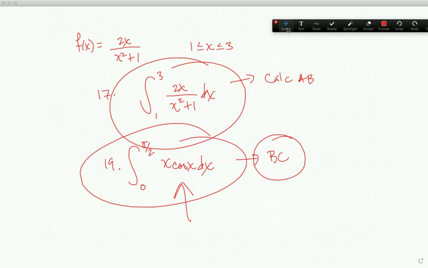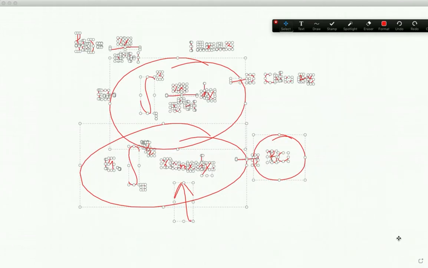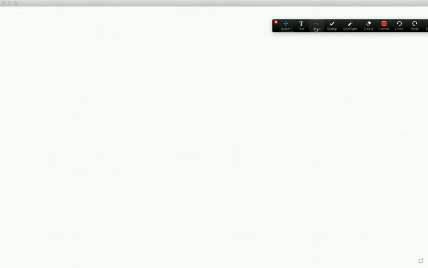If you haven't learned it, it's definitely a skill you need to have for AB, and we need to practice it. I'll give you a little bit of exposure to it in the remaining time, and I'll go back to 17 as the last thing we execute in full, because it requires U substitution to actually evaluate. Anyway, let's say that I have cos x dx. What's the integral of this?